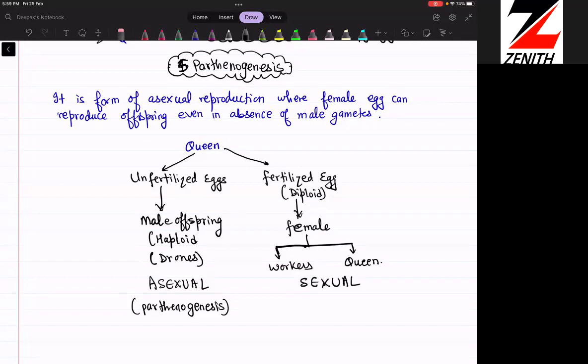So agar same set of pair of chromosomes rehte hain, then a male offspring will be produced. And if the egg is fertilized, then basically one set of chromosome are from male, one is from female, and the diploid cells are produced and a female is produced. Okay, sir.